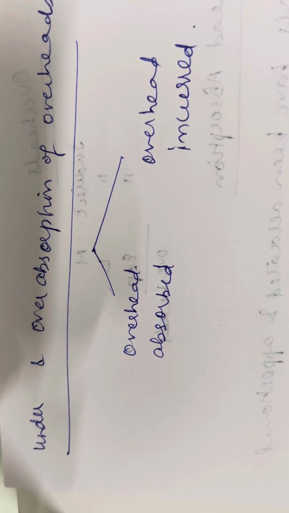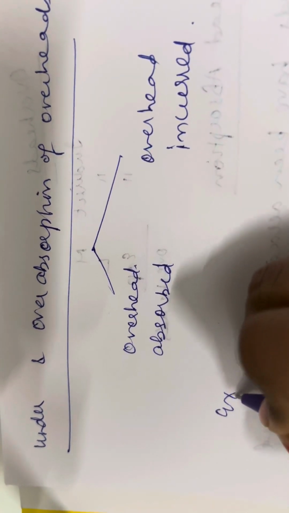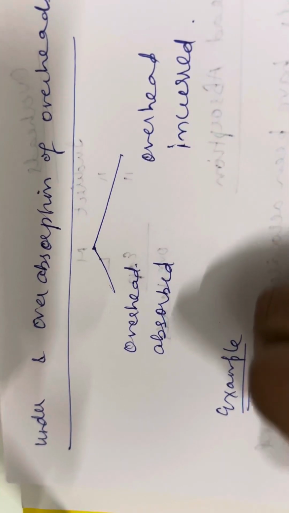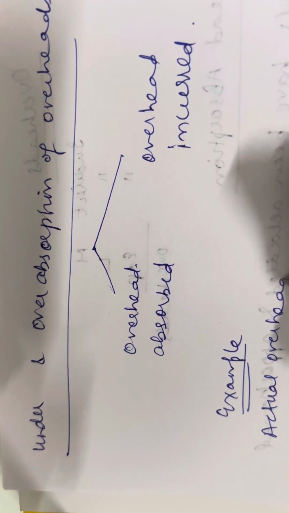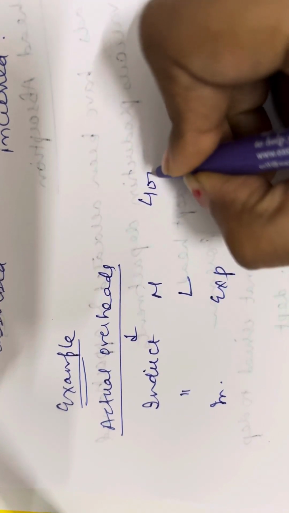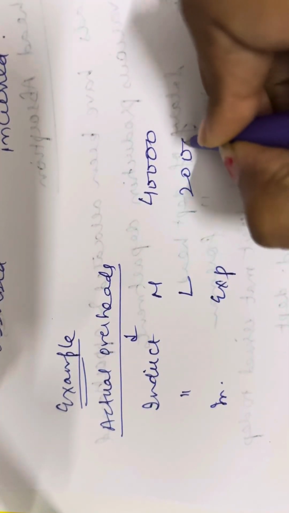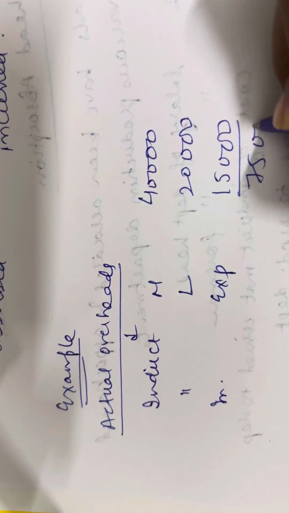Let us assume that our actual overheads, in which we include indirect material, indirect labor and indirect expenses, are 40,000, plus 20,000, plus 15,000, which equals 75,000.